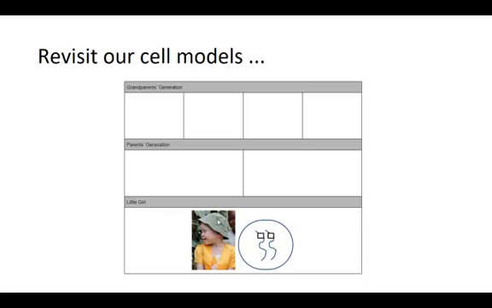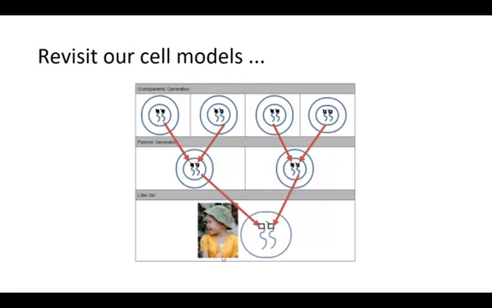So if you remember yesterday, we spent some time with our cell models, and you figured out that it is possible to get a little albino girl from two parents that are not albino, and you built a model that used our rules, showing that half her genetic material came from each of her parents, and that there are sometimes alleles that are recessive, meaning they don't show up in the parents.